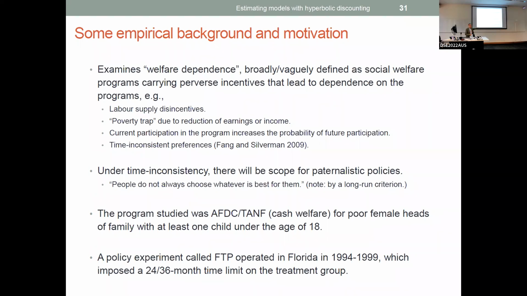This would be central for evaluating whether these paternalistic policies are actually meaningful. The program studied was the AFDC program, a cash welfare program in the US for poor female heads of family with at least one child under the age of 18. There was a policy experiment called FTP, operated in Florida between 1994 and 1999, which imposed a 24 or 36 month time limit on the treatment group.